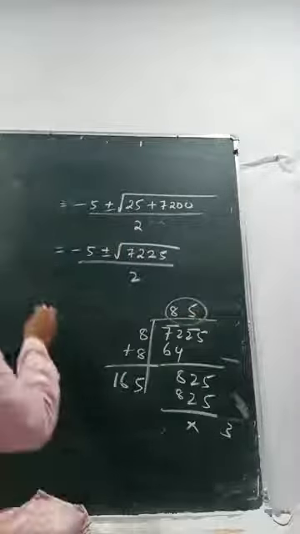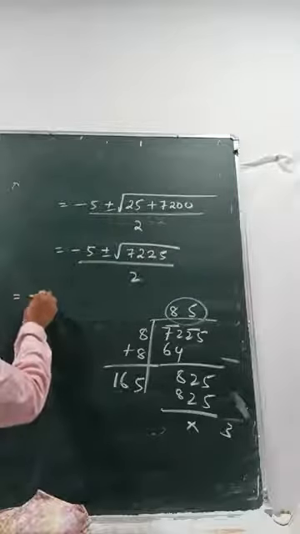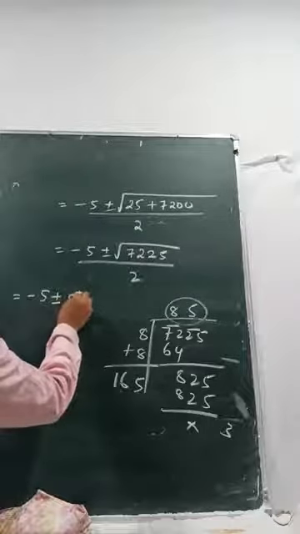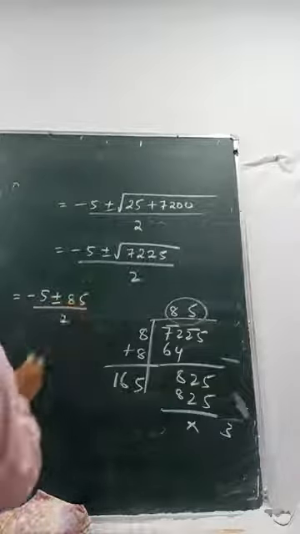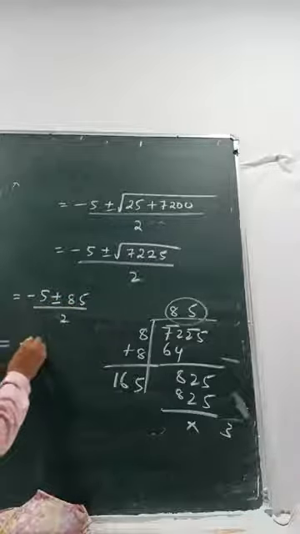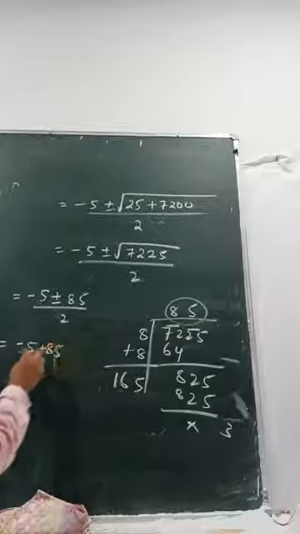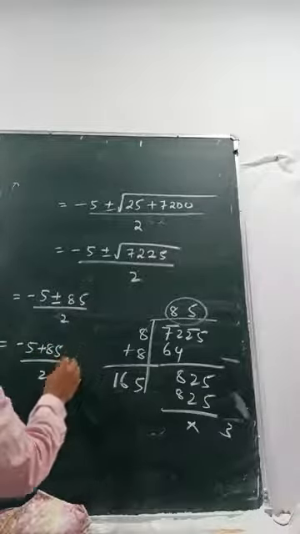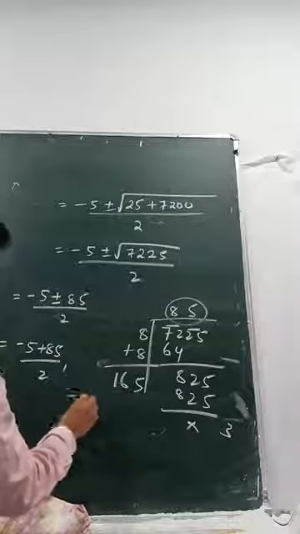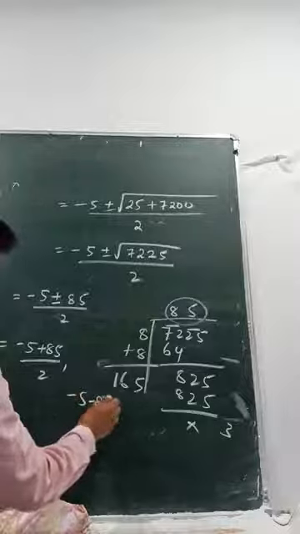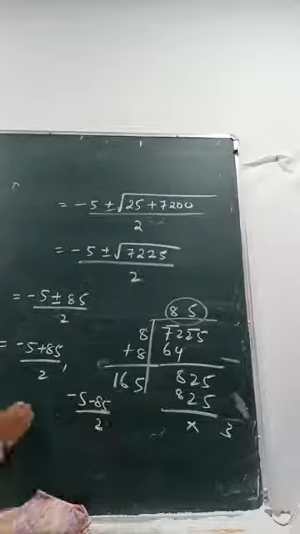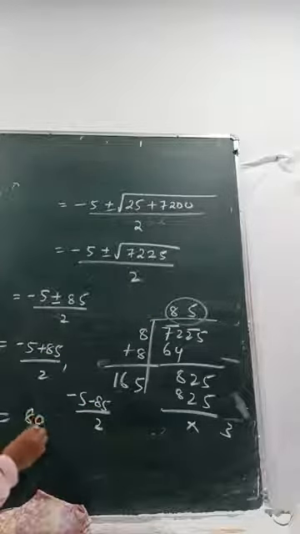So, minus 5 plus minus 85 by 2. That is minus 5 plus 85 by 2, and minus 5 minus 85 by 2. This is 80 by 2.